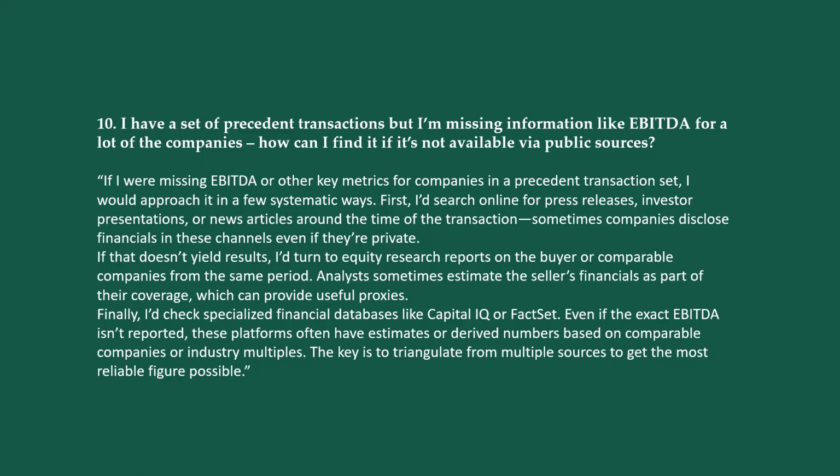If the transaction value or an implied multiple is known, then you can calculate back EBITDA, and through this process, you should document the sources and assumptions for each estimate to ensure transparency and credibility. The overall goal is to triangulate information from multiple resources rather than relying on a single and potentially unreliable figure, so that the analysis remains robust and defensible.